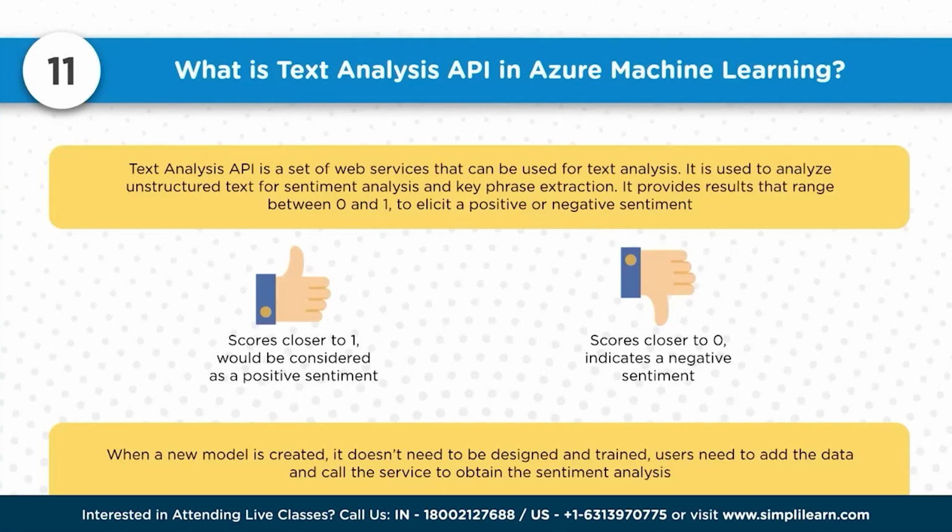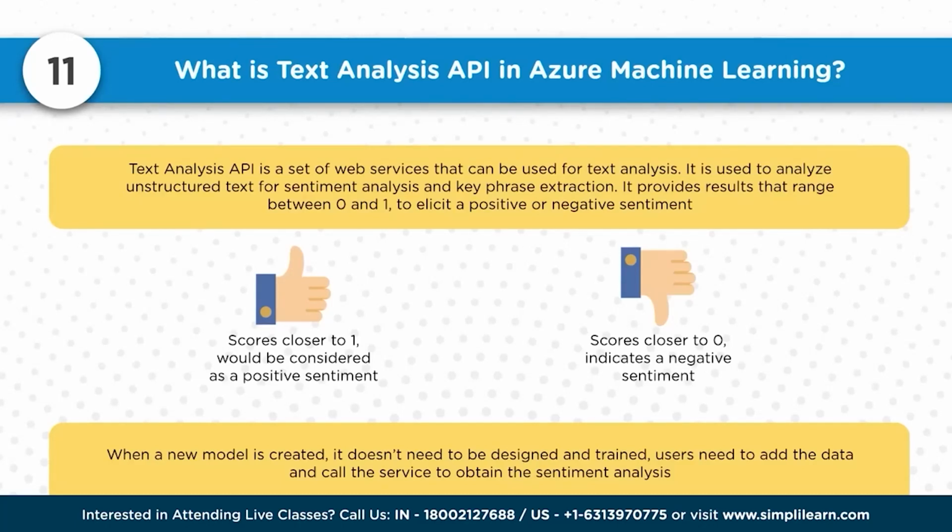Now, what do you mean by sentiment analysis? Sentiment analysis takes the logs and the text comments that we receive, does an analysis, and finds out whether that's a positive or a negative statement. The API returns a sentiment score between 0 and 1, where 1 is positive and 0 is negative.